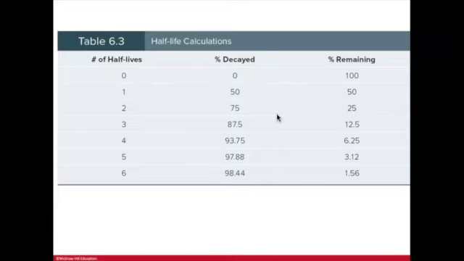As you get closer and closer to zero, the curve levels off, and it takes a lot longer to decay when you get closer and closer to zero. And after 6 half-lives, you still have some percent remaining.